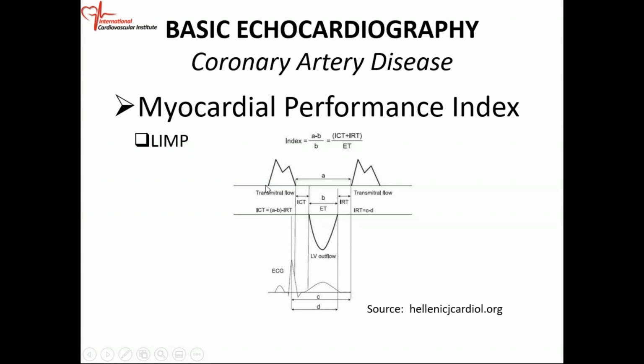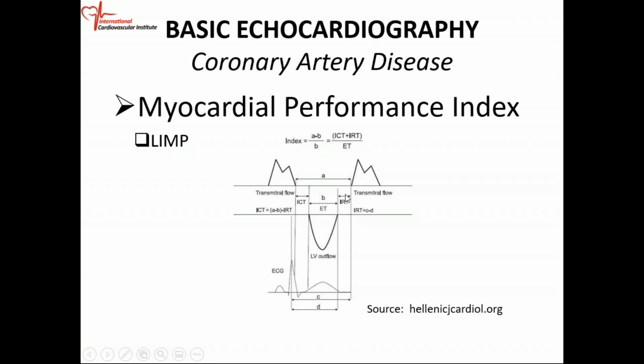So the mitral valve opens in diastole, closes, and then IVCT, then ejection, IVRT, then the mitral valve opens again. The definition for MPI or LIMP is the period of time from mitral valve closure to mitral valve opening.